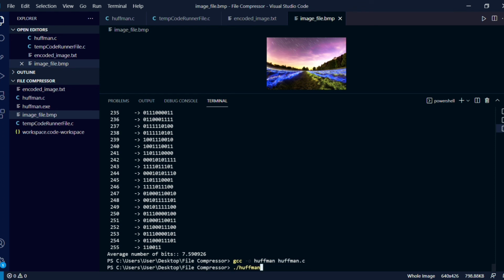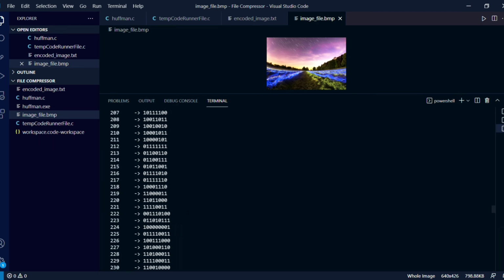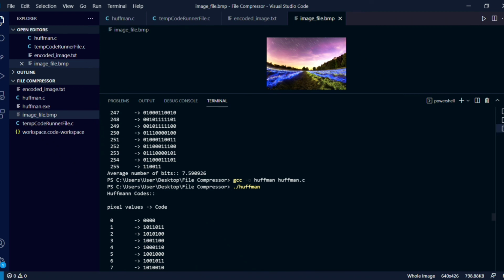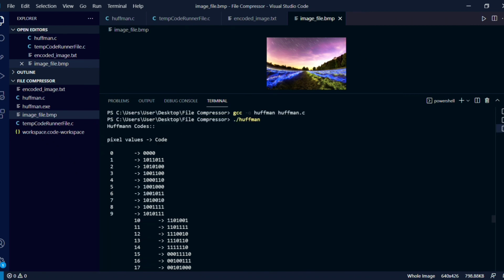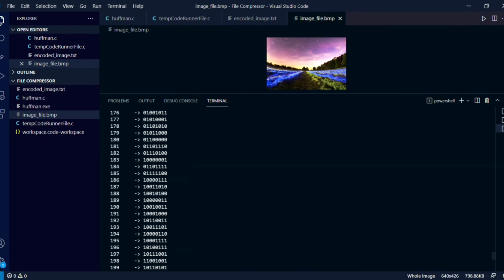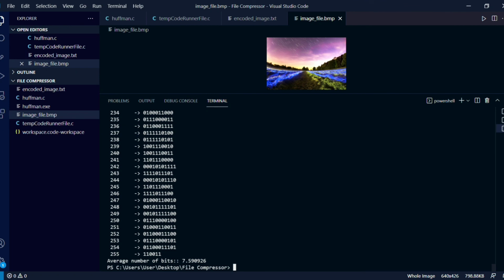So the images have pixel values, and for these pixel values codes have been generated, and you can see them over here, and the average number of bits is nearly 7.6.